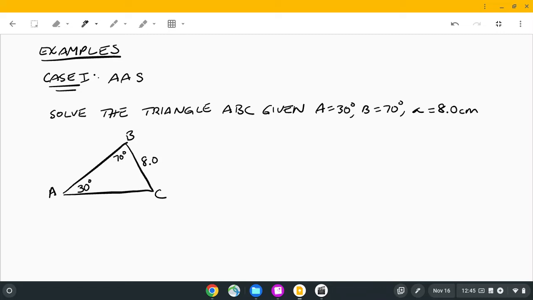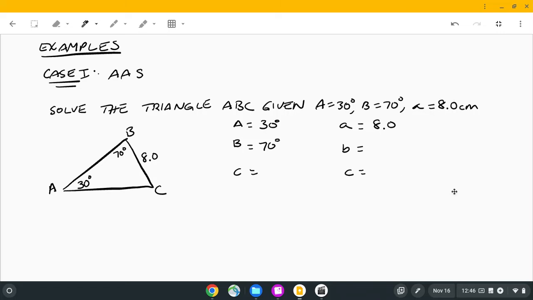And then I also like to do this since I'm solving for the whole triangle. I like to list all the things that I need. A is 30, so we already know that. B is 70. And a is 8.0.